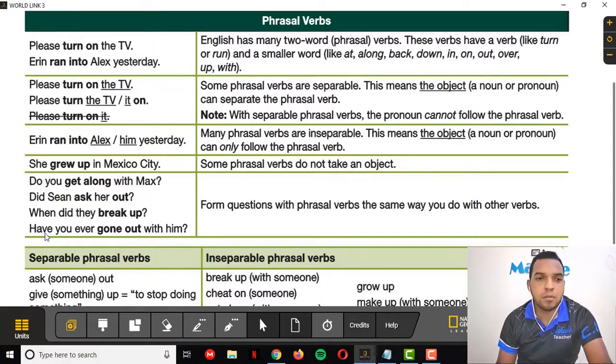You only have to change the verb if it's going to be in the present perfect, like you see over here. We are using the auxiliary have, you ever, and then the verb in the past participle. So have you ever gone out with him?